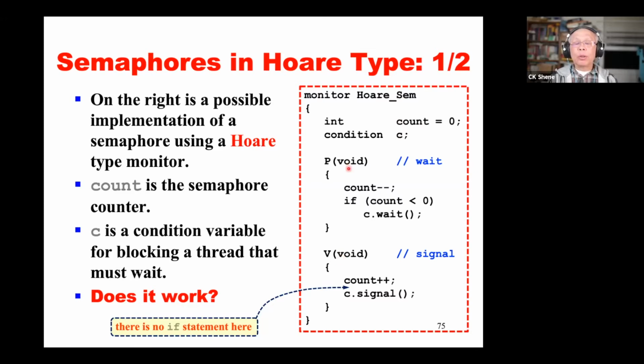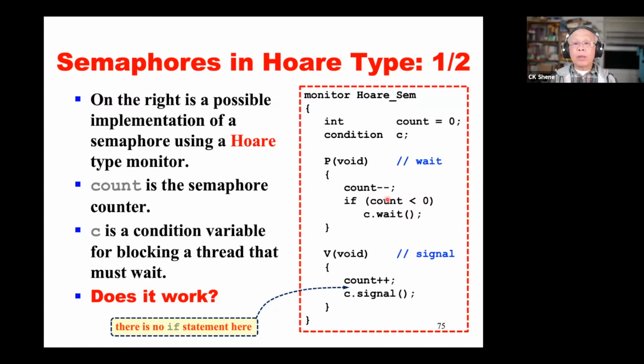I'm sure you still remember P is the first letter of an equivalent meaning of wait in Dutch. Dijkstra used P for wait, V for signal. So let's take a look at the wait method. First things first, we subtract 1 from the counter.